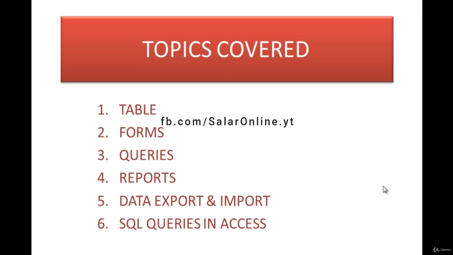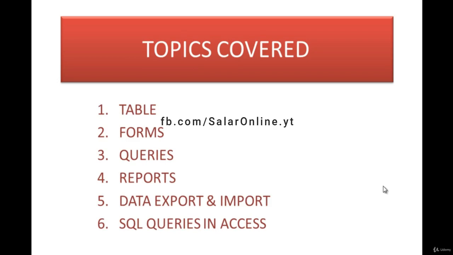The third component is a very important one, and that is queries. If you are using MS Excel and you know how to work with a filter, a filter is also a query. The thing is that it is given with the help of a UI, a user interface, which is in fact a GUI, a graphical user interface.